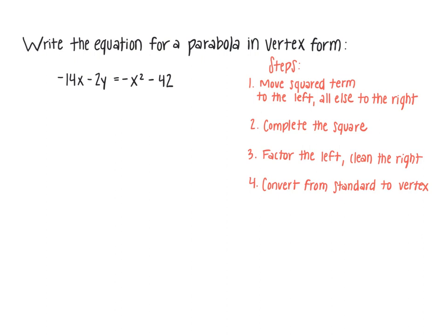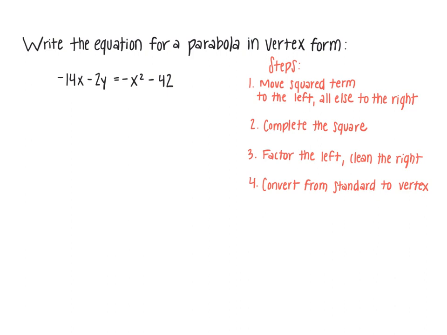Okay, so the last thing to cover is how to go from just a plain Jane equation to the vertex form of a parabola. So here we have an equation that's given. On the right-hand side, I went ahead and wrote out the steps. They're kind of the same type of steps that you see when you solve for a circle, ellipse, or hyperbola. This one's a little bit more simple than those are.